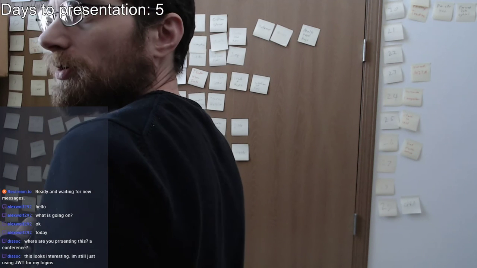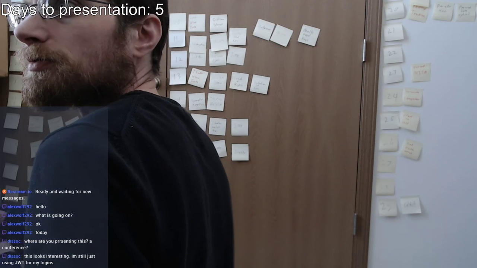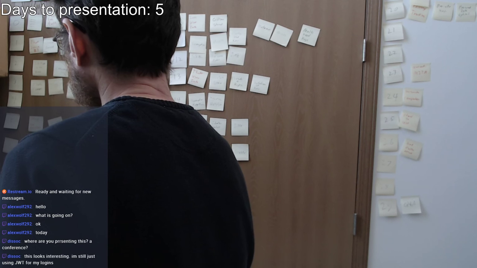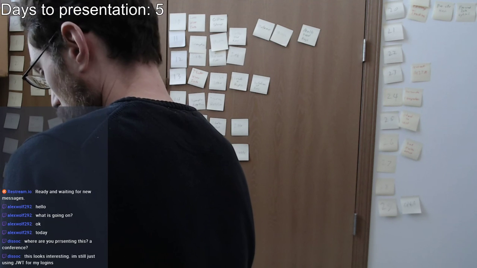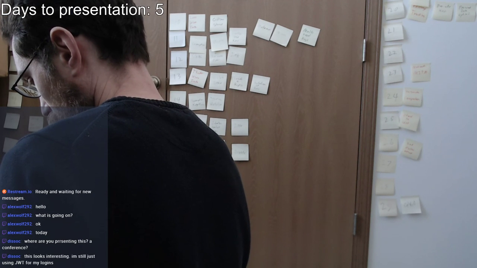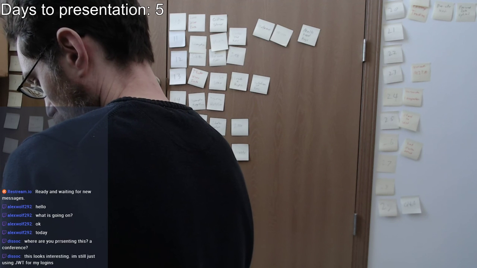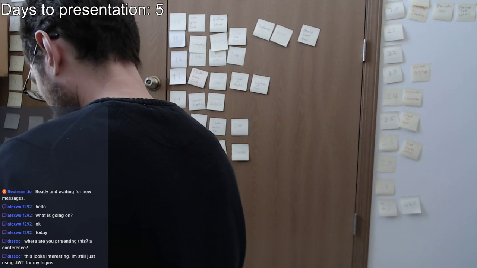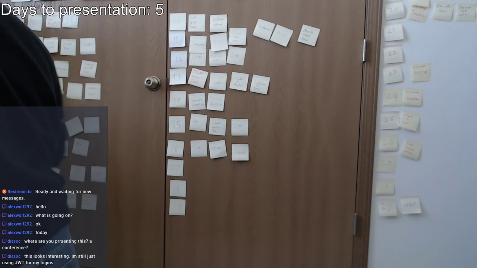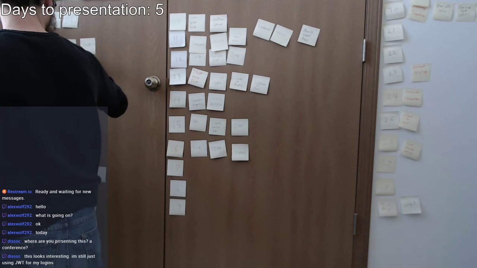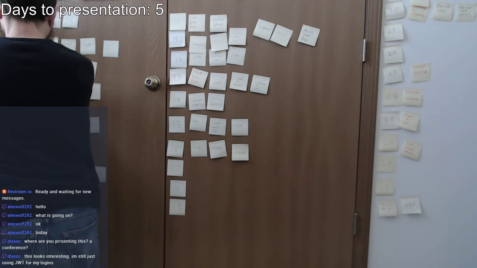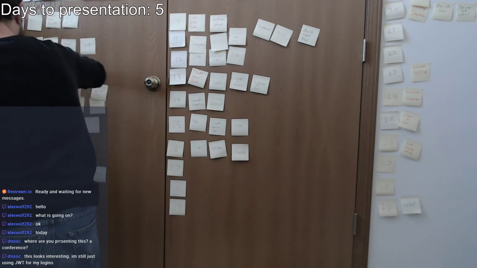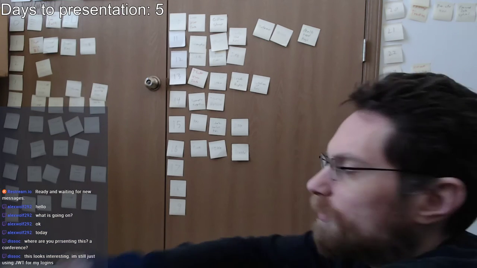So I want to make a little note here that we want to consider one-way functions. And actually, as things are currently laid out, which is nowhere near enough stuff, we might have room to elaborate on one-way functions.